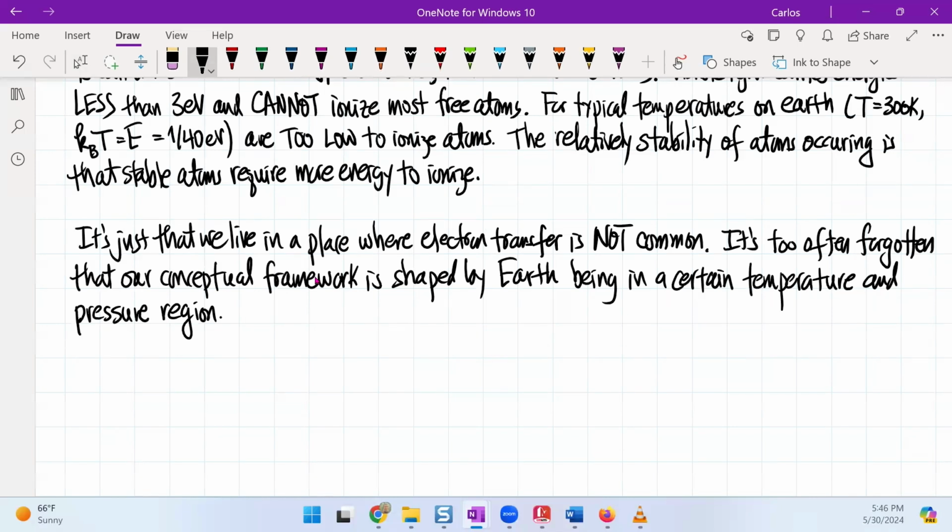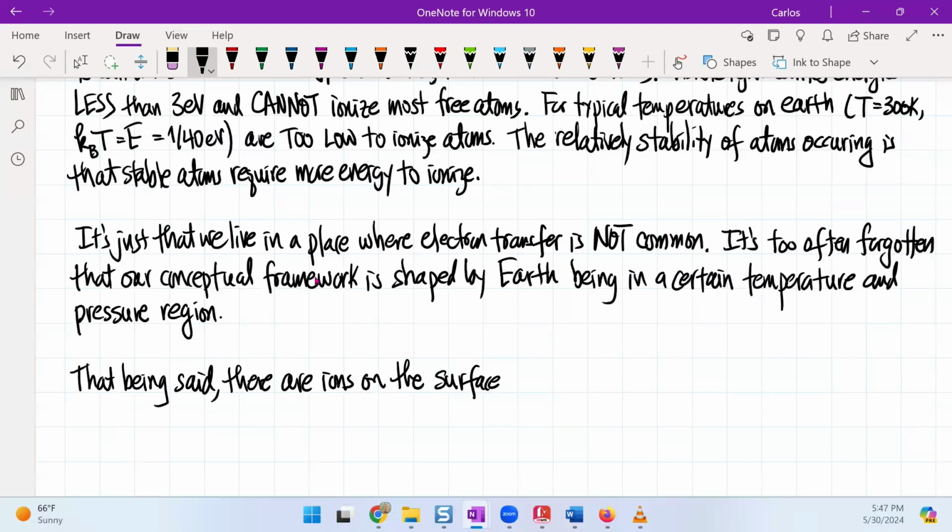So, that being said, there are ions on the surface of Earth via charge transfer processes.